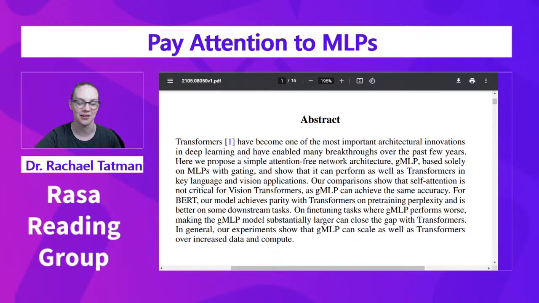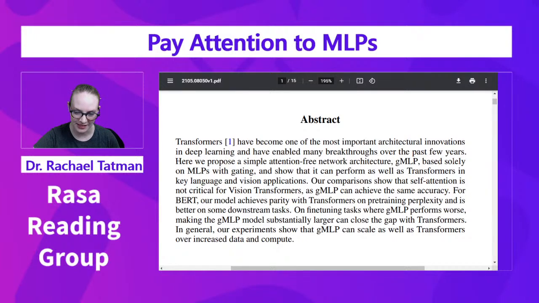and show that it can perform as well as transformers in key language and vision applications. Spoiler alert, I'm not going to read the vision sections. Our comparisons show that self-attention is not critical for vision transformers, as gMLP, there's no N in there, can achieve the same accuracy. For BERT, our model achieves parity with transformers on pre-training perplexity and is better on some downstream tasks.